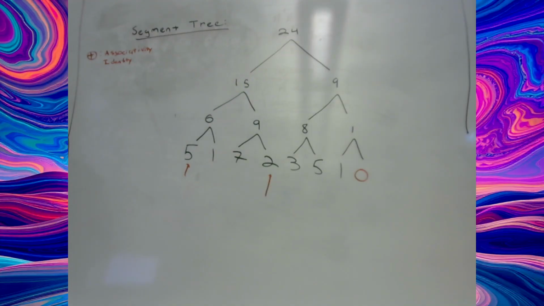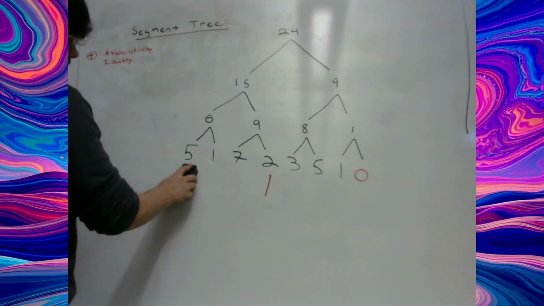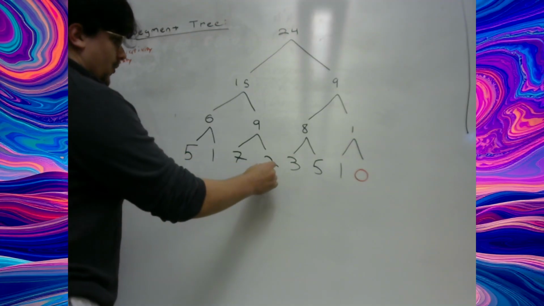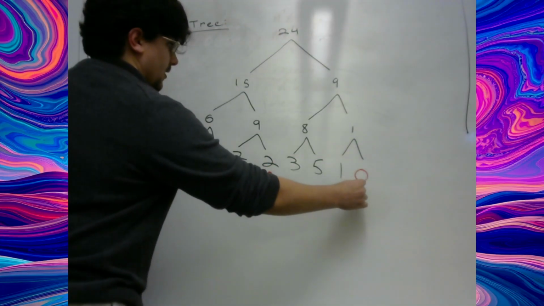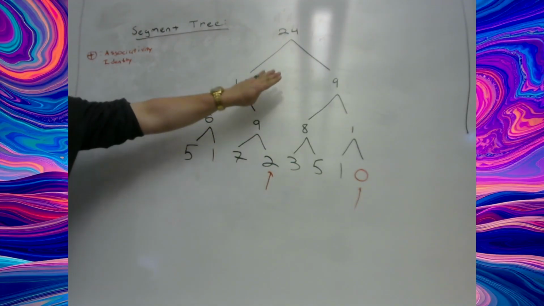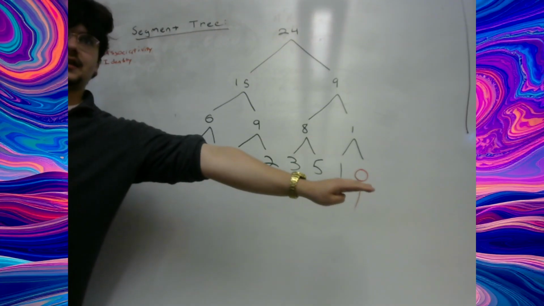And actually, let me get into the details, because the time complexity for lookup and update are both log of n, and I'll show you how it works, because things start to get a little tricky. For example, if I want to query this guy to this guy, this does not fit cleanly under a parent node. We've got this guy as part of this whole other subtree than the rest of these guys.